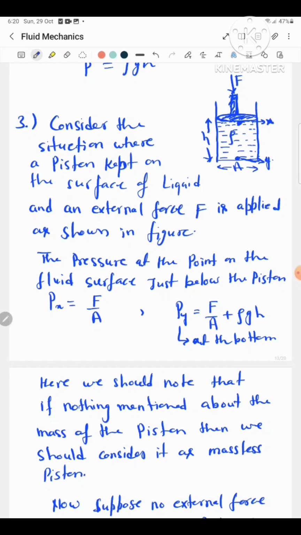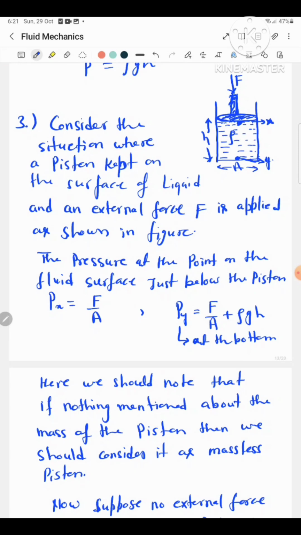So the pressure at the point on the fluid surface, just below the piston, suppose that point is x, Px will be force upon cross-sectional area.